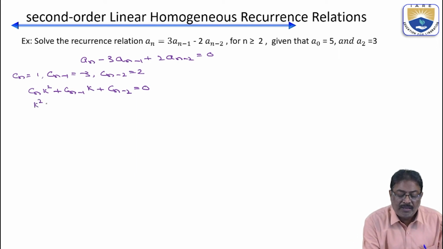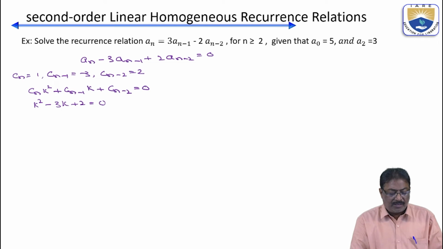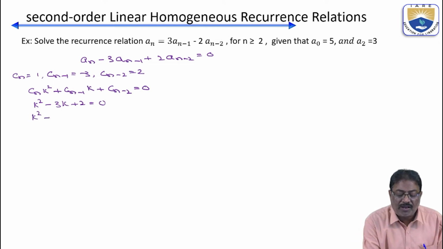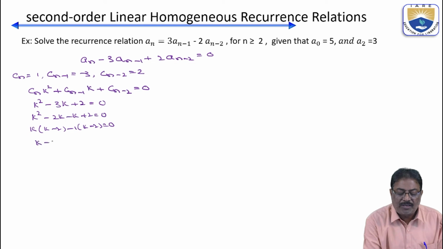This will become k square minus 3k plus 2 equals 0. So k square minus 2k minus k plus 2 is 0. So k into k minus 2 minus 1 into k minus 2 is 0. So k minus 1 into k minus 2 is 0. So k equals 1, 2.